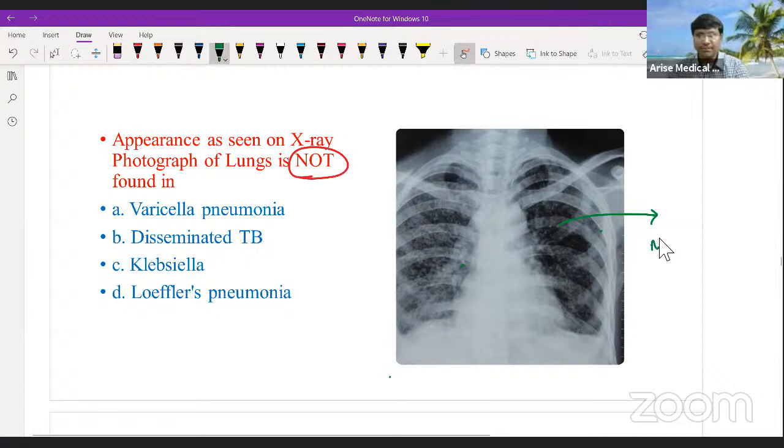Can anyone tell me what the pattern is first of all? This is called the miliary pattern, or we call it the snowstorm appearance.